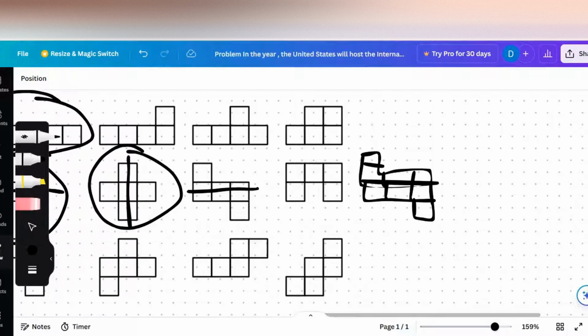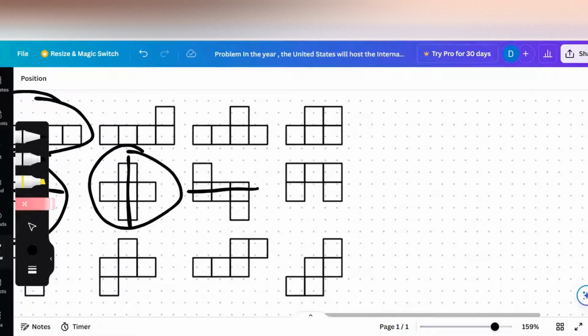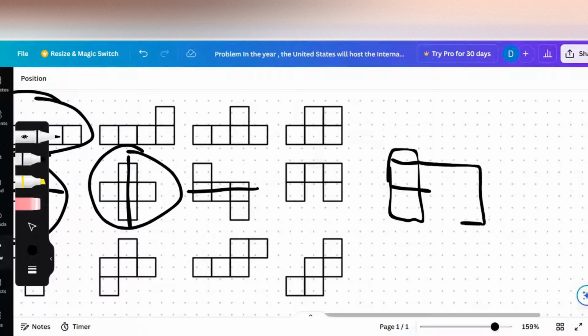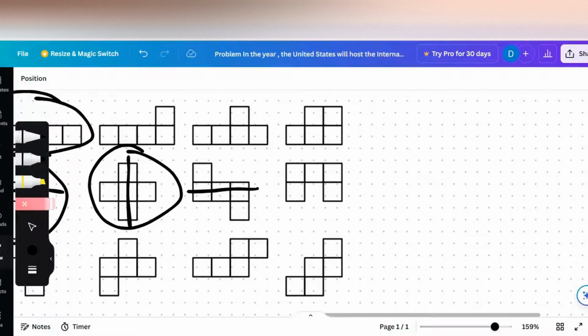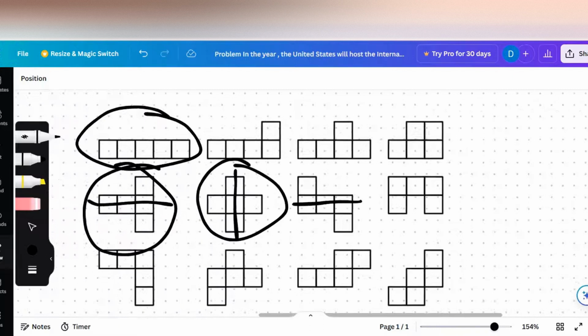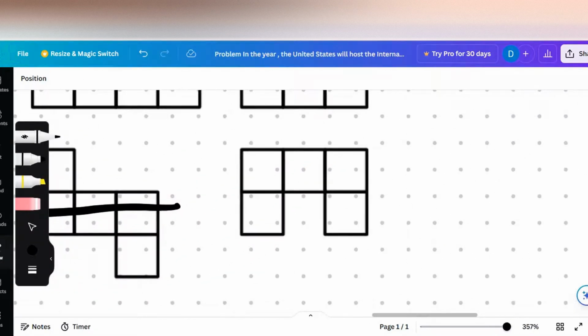To be non-overlapping, it would have to be just 3 unit squares like that, like an earlier figure. So that does not work.